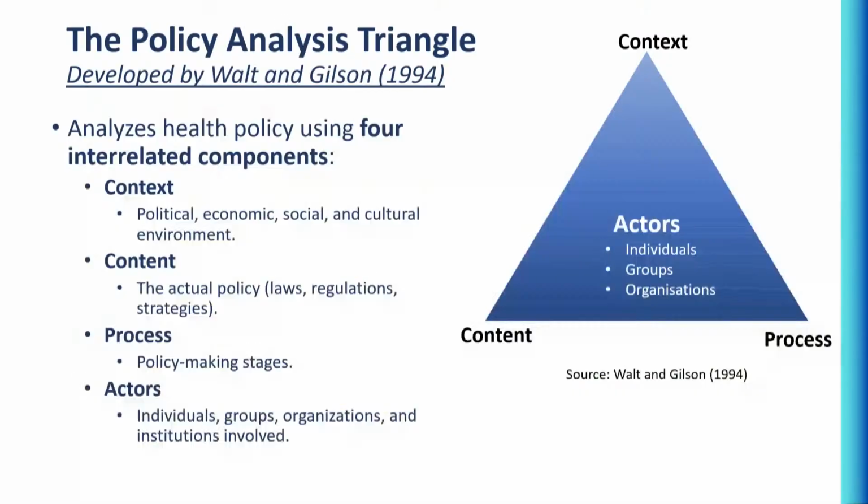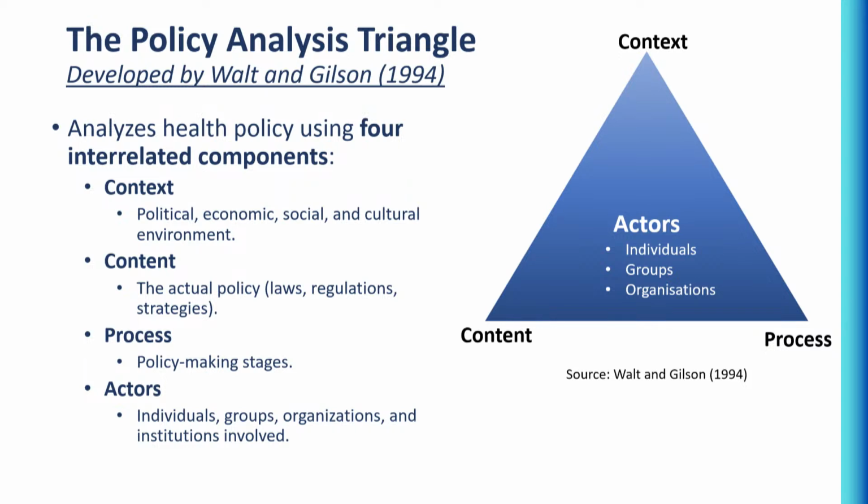Walt and Gilson give us a very interesting framework called the policy triangle to do any kind of policy analysis. They talk in terms of four interrelated components: context, content, process and actors. Context could be the political, economic, social and cultural environment.